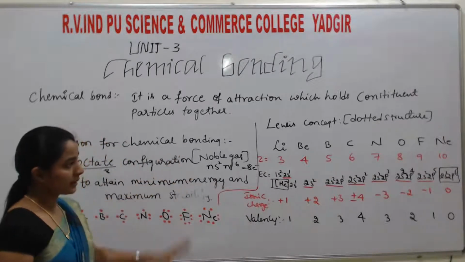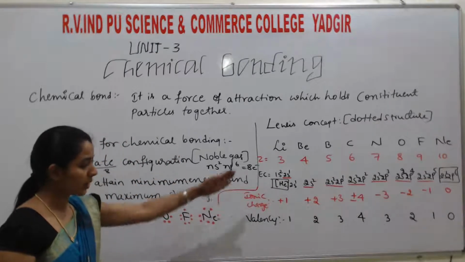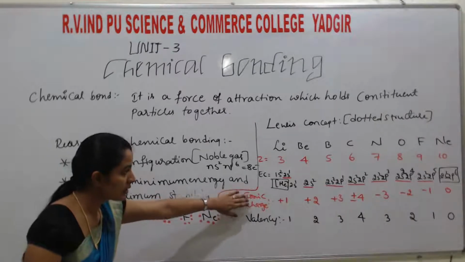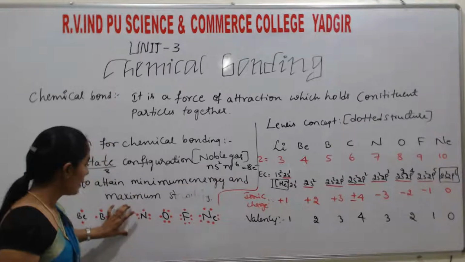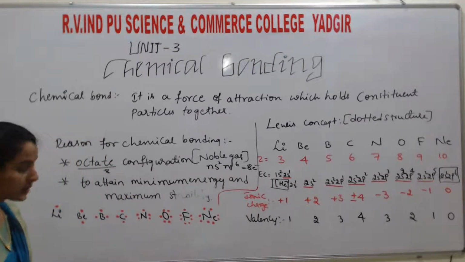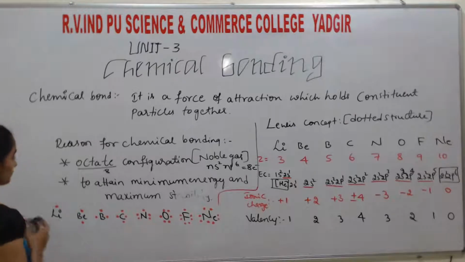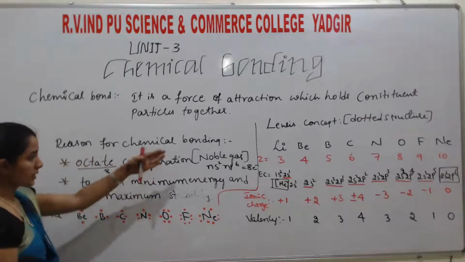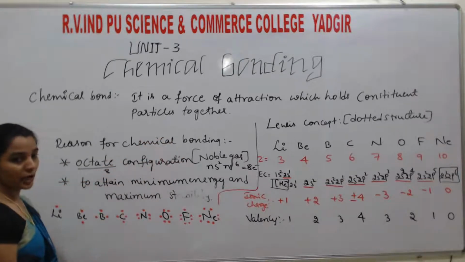Everything is explained by this Lewis concept, and also valencies. You have to remember the valency, oxidation state, configuration, valence electron and the Lewis symbol. Understand? So this is all about the oxidation. The reason for chemical bonding, that is octet configuration, is explained by the Lewis concept.